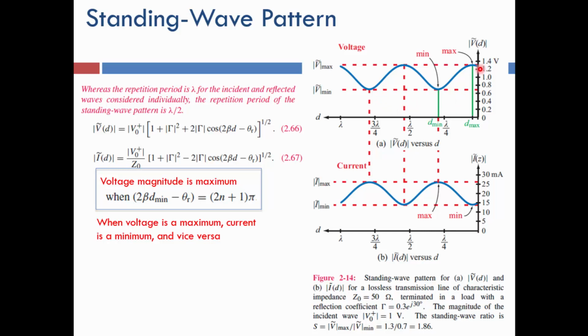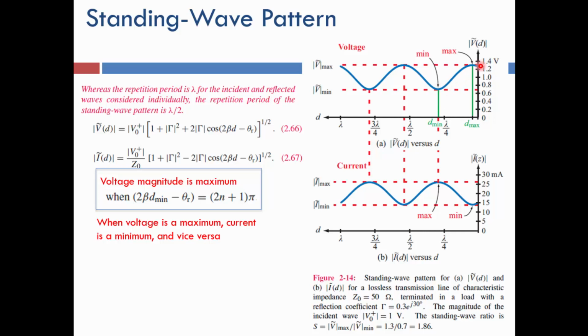So here we could note maximum, minimum, maximum. The maximum repeats itself at each half of the lambda, and the minimum repeats itself at each half of the lambda. So the distance between a maximum and the next maximum is half lambda, and the distance between a maximum and a minimum is a quarter of lambda, or lambda over 4.